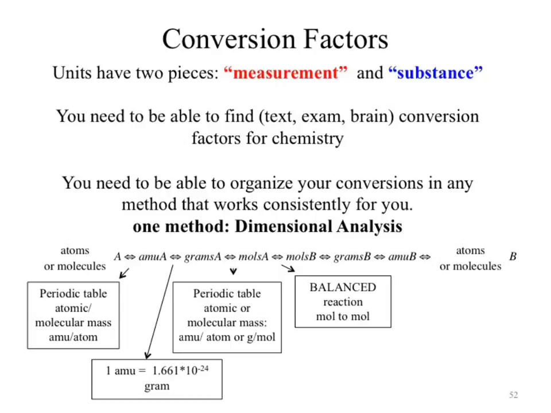The most important conversion for all of this, the mole. When in doubt, convert your unit, whatever the unit is, to moles. Because from moles, you can go out to anything, including moles of another substance. How do we get to the other substance? Through a balanced equation. All right?